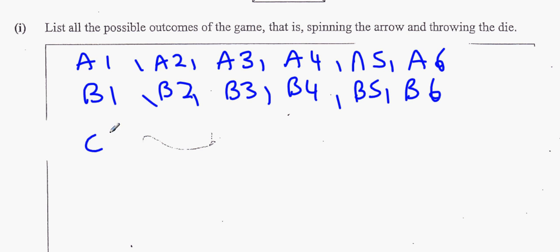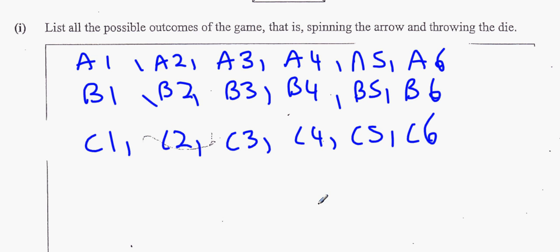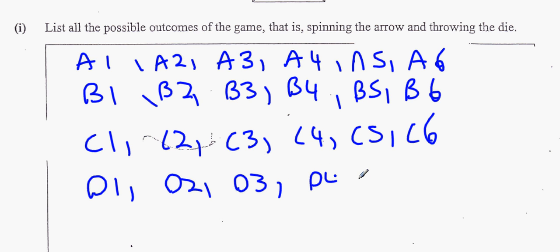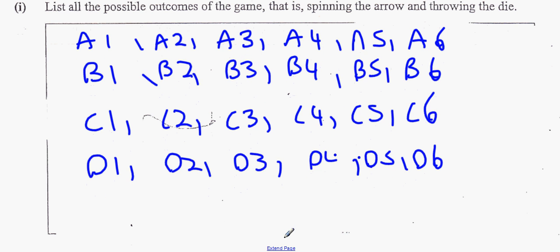C1, C2, C3, C4, C5, C6, and last one D1, D2, D3, D4, D5, and D6. Okay. It's all the possible outcomes, that is spinning the arrow and throwing the dice.